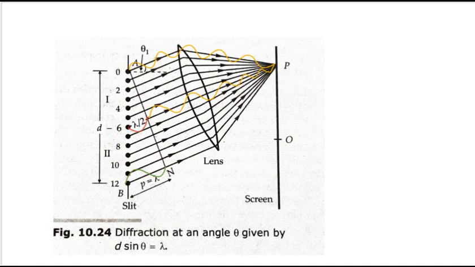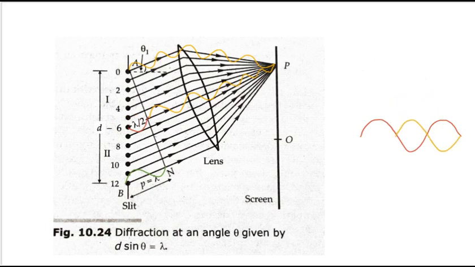Fine. So let's look at what happens when a path difference of lambda by 2 is there. Suppose this is one wavelength, lambda, and consider the light coming from this point 6. The light coming from the point 6 has an extra wavelength, lambda by 2. Now, if you compare, when it reaches your point P, what will happen? Can you see?